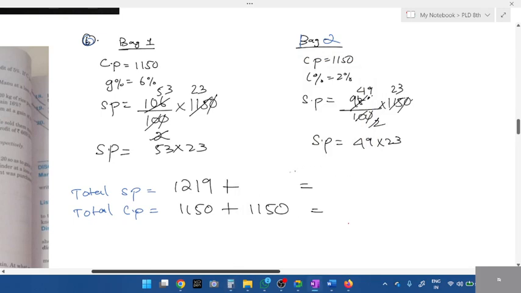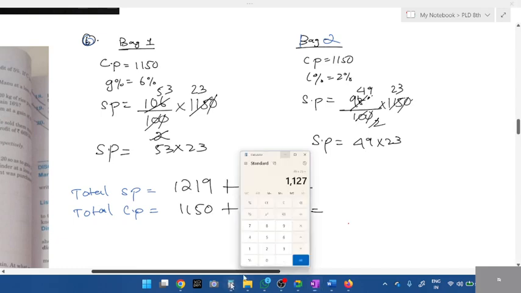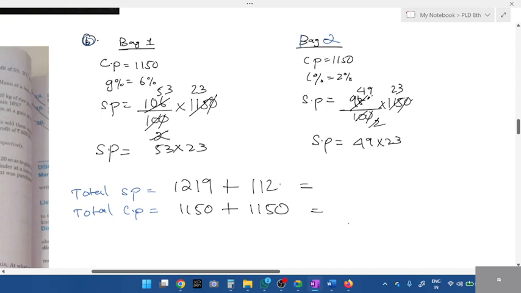Okay, what is 49 into 23? How much is 49 into 23, students? Why is nobody replying? Still trying? If you're still trying, I'll give time. If not, I'll complete it.